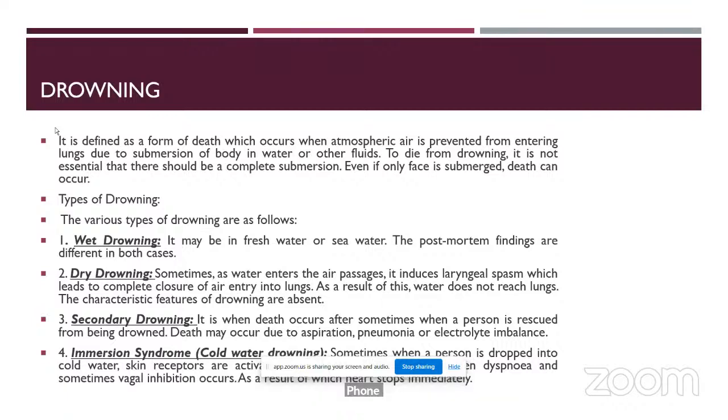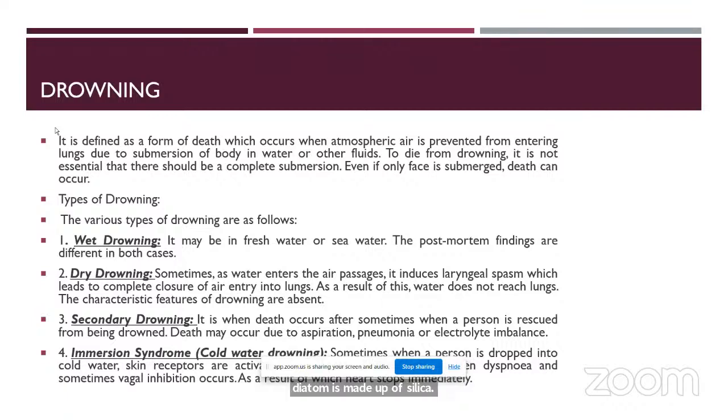Now, there are some tests which are particularly done for drowning cases. That is the test of diatoms. Diatoms are a kind of species of algae present in water bodies, and the exoskeleton of a diatom is made up of silica.